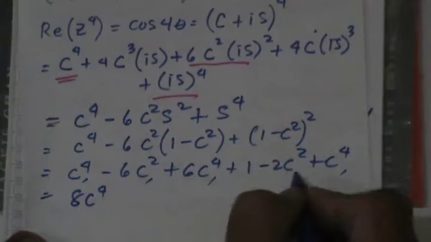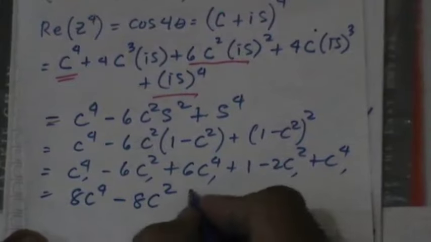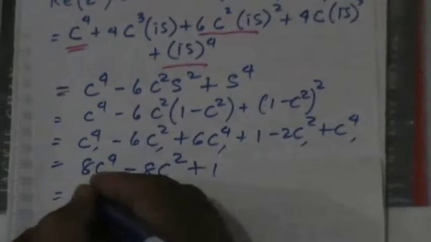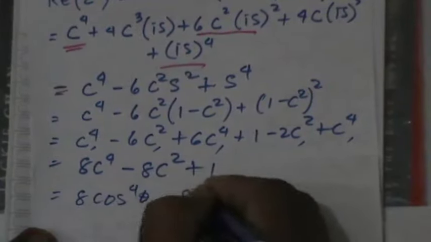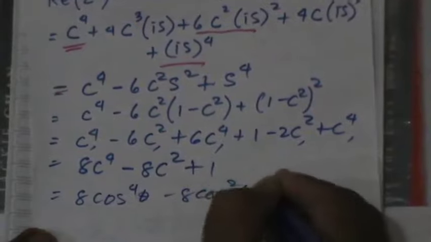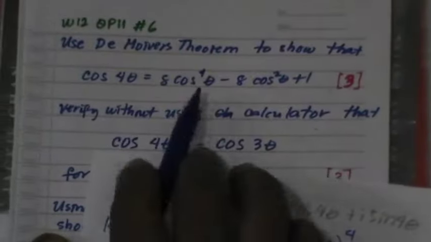Negative 6c squared minus 2c squared gives us minus 8c squared. And this one gives plus 1. There you go, that is equal to 8 cosine to the 4 theta minus 8 cosine squared theta plus 1, and that is the question.